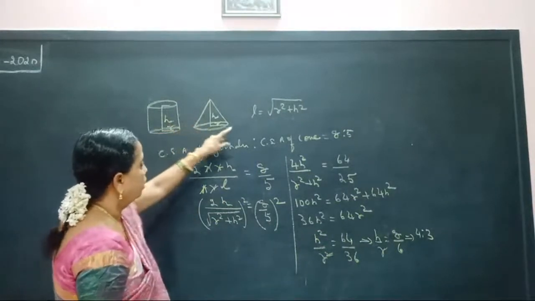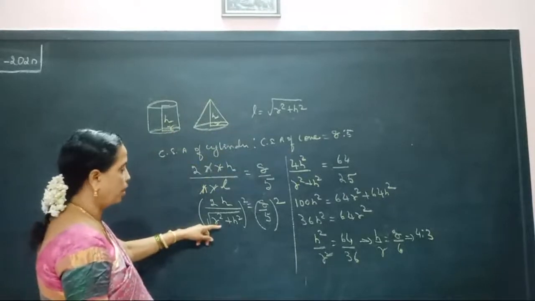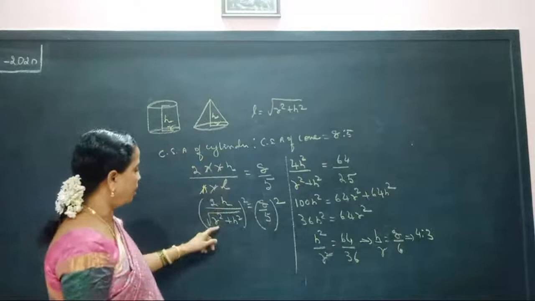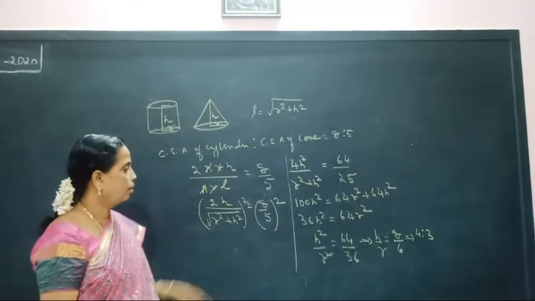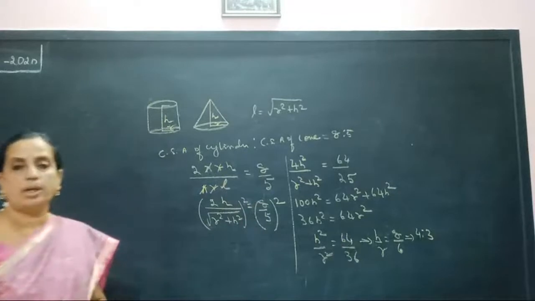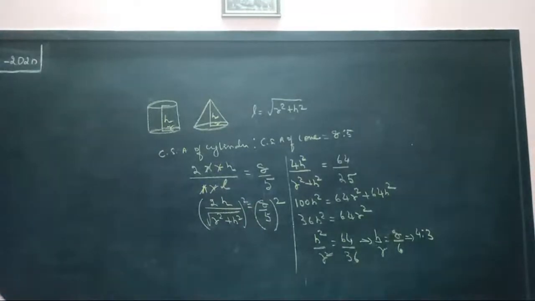With respect to the slant height, we substituted L as root of R square plus H square. Now, squaring on both sides and doing cross multiplication, you will get the final ratio as 4:3.